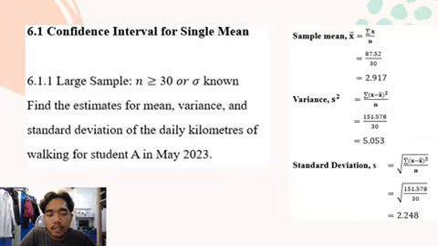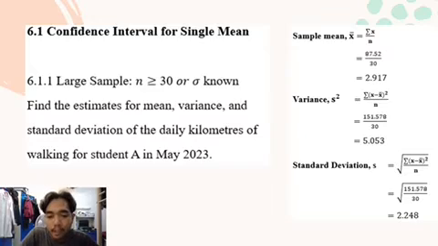For the variance, s to the power of 2. The right side is the total x minus x bar to the power of 2 over n. We put the value and we get 5.053.